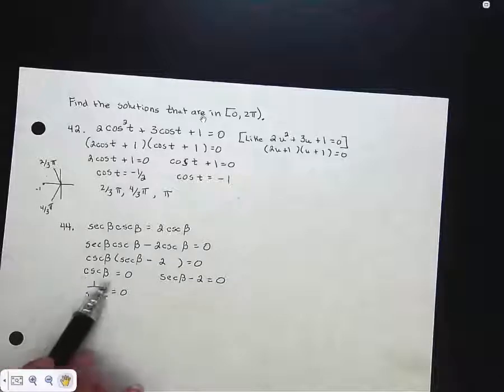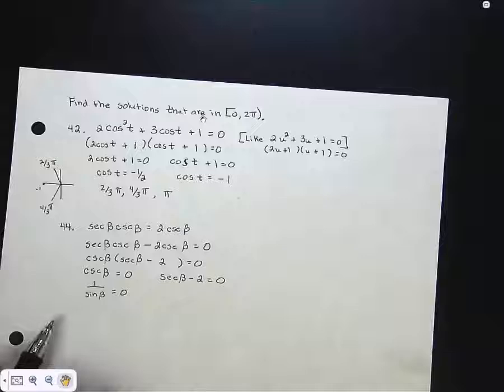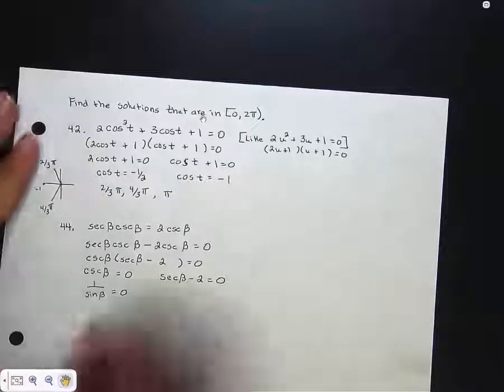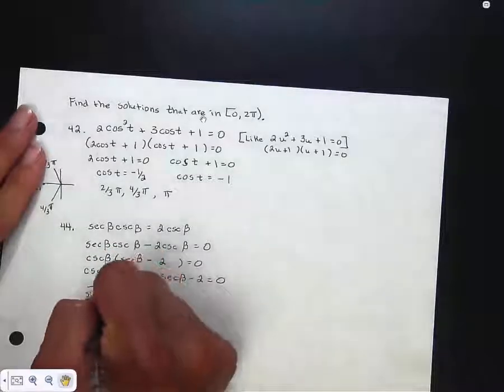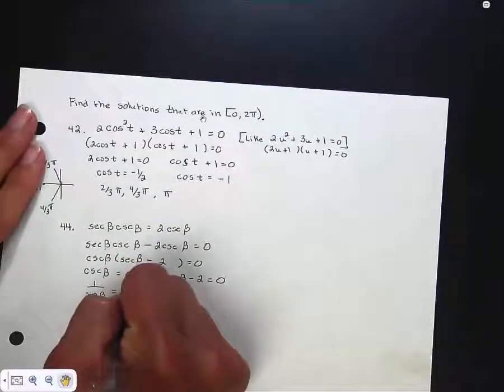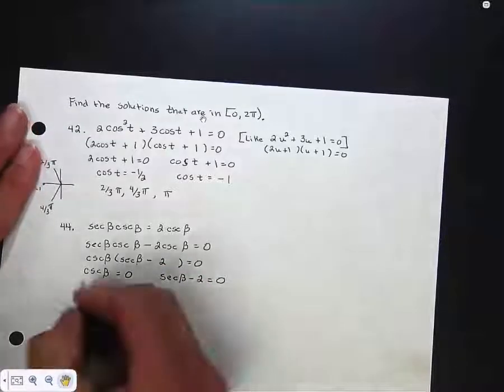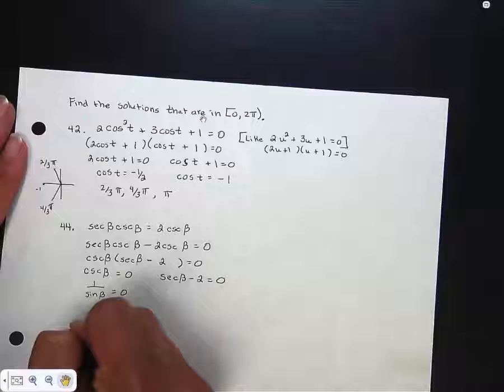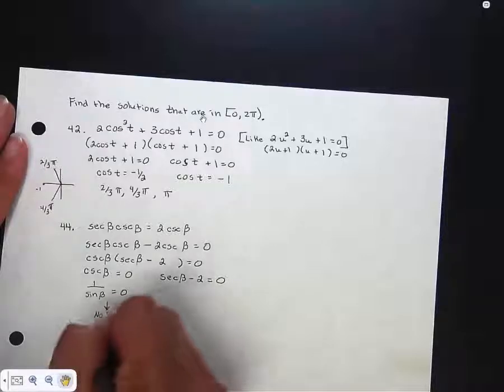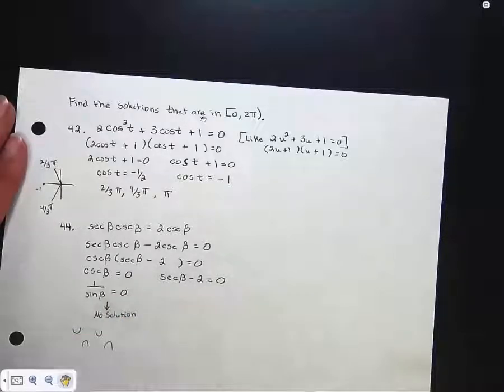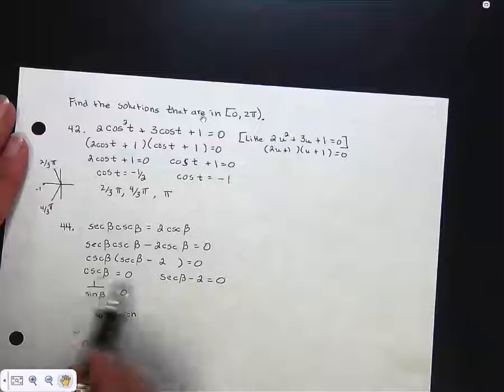What does that say about solutions to cosecant beta is 0? It means this part of the equation has no solution. If you think about the graph of cosecant beta, it's that series of concave up and concave down looking parabolas. It doesn't have an x-intercept. It doesn't touch the x-axis. There's nowhere cosecant beta equals 0.